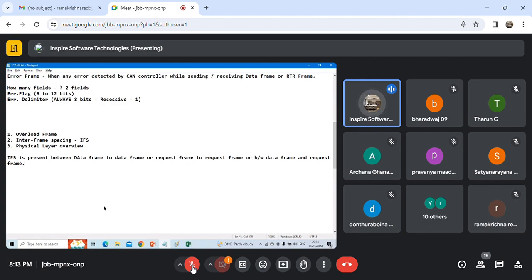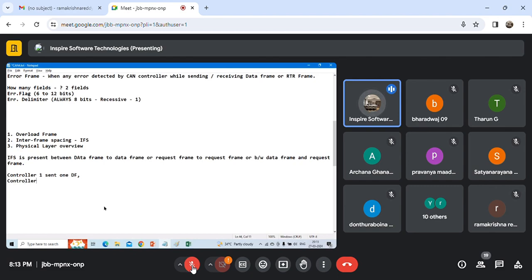Okay, so if two data frames are going, between the frame to frame. Let's say one controller is sending one data frame. Controller 1 sent one data frame, for example.